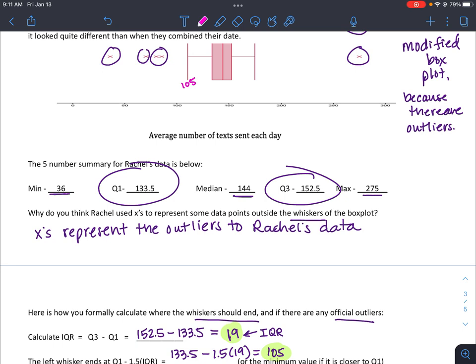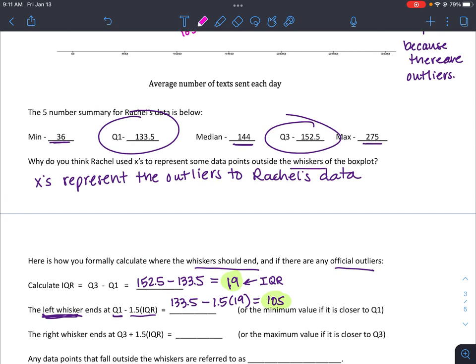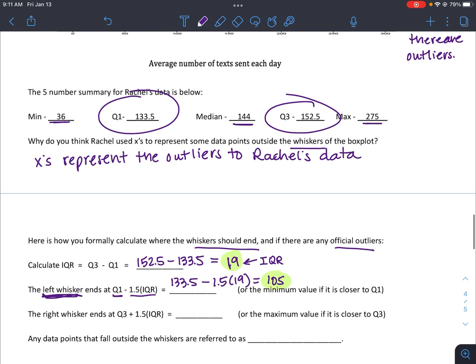So the stopping point is 105. Now, we use the minimum value in the box and whisker plot if it is closer to Q1. Right now, our minimum is 36. That's not very close in terms of the number of texts. So we use this number of 105.